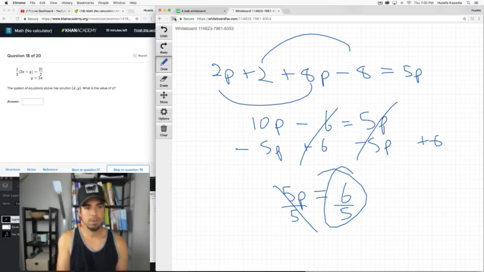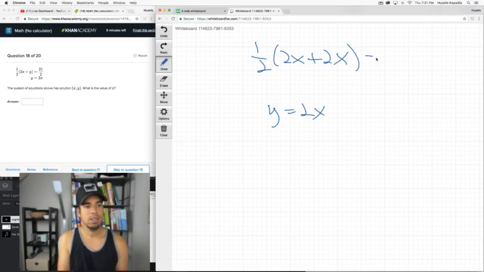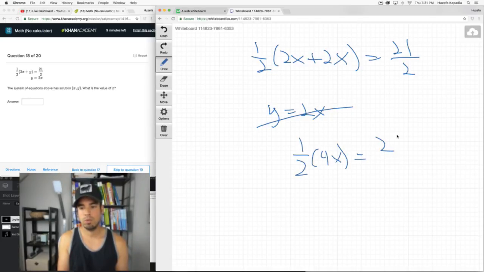Next question here. System of equations, and we're solving for x, right? Look at this beautiful thing down here. We can plug it right in and substitute. So we already know y equals 2x. Let's plug that in for y up top. We got 1/2 times 2x plus, there's our 2x going right back in, equals 21 over 2. This becomes 4x. 1/2 of 4x equals 21 over 2.